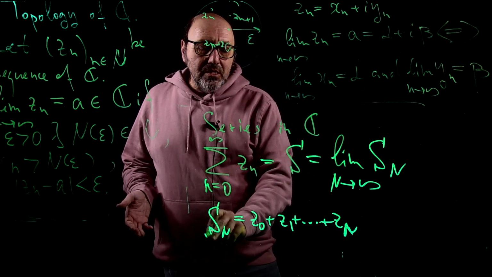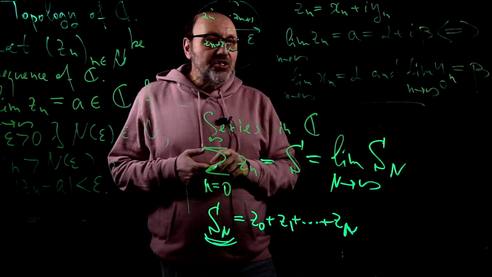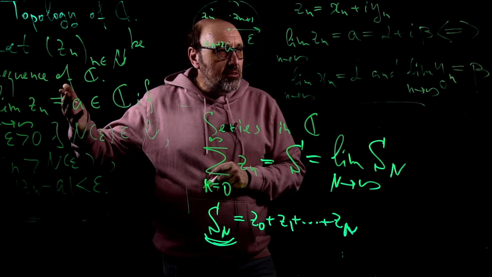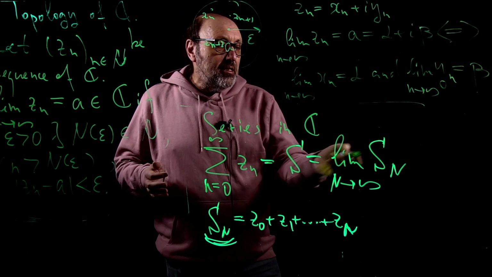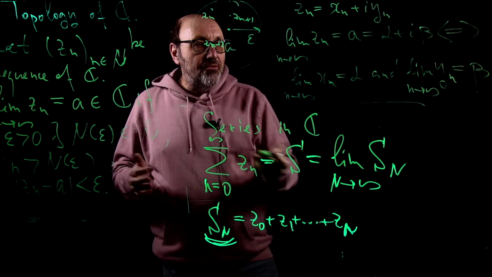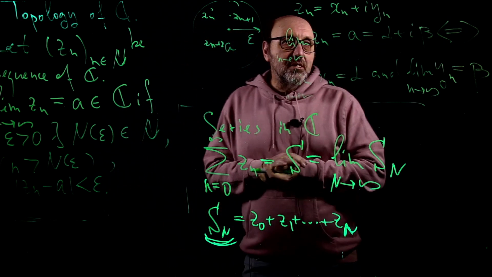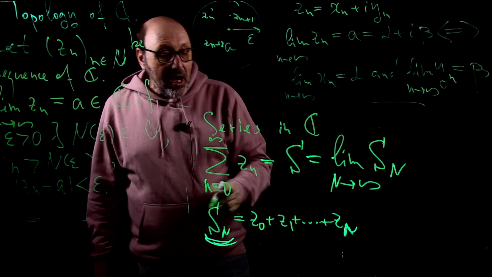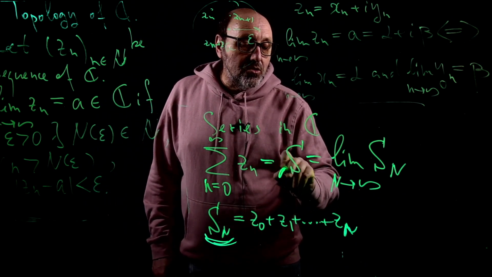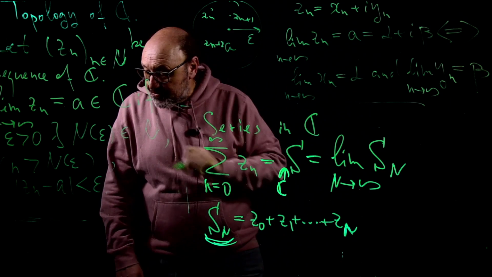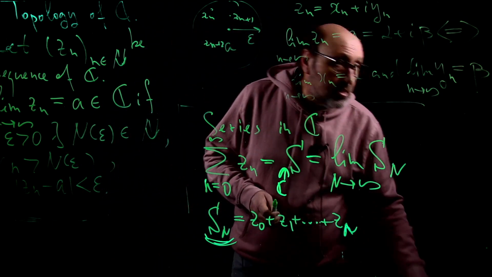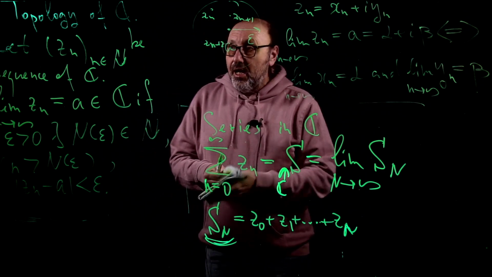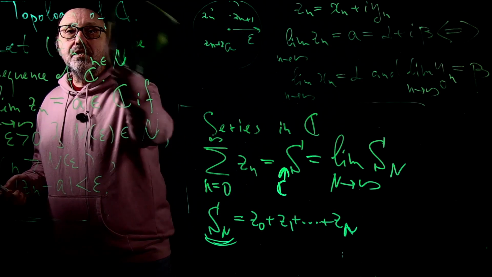If this sequence S_N is convergent in the sense of the definition which we just have discussed, then this limit is called the sum of the series and the series is called convergent. I mean here that S, of course, is in C, right? All right, so this is about the convergence, and that's essentially what we need.